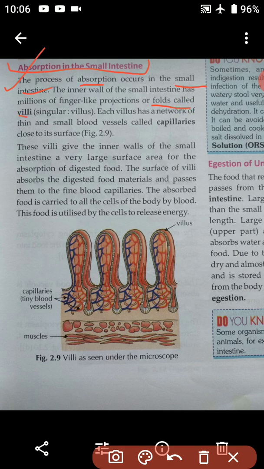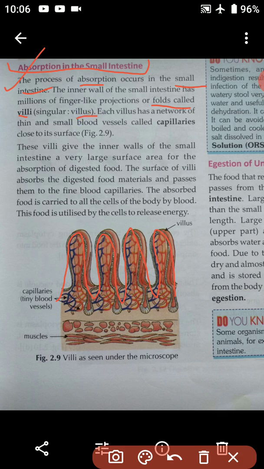The inner wall consists of this kind of structure, not one or two but millions of finger-like projections, and they are known as villi. Villi in singular is known as villus.